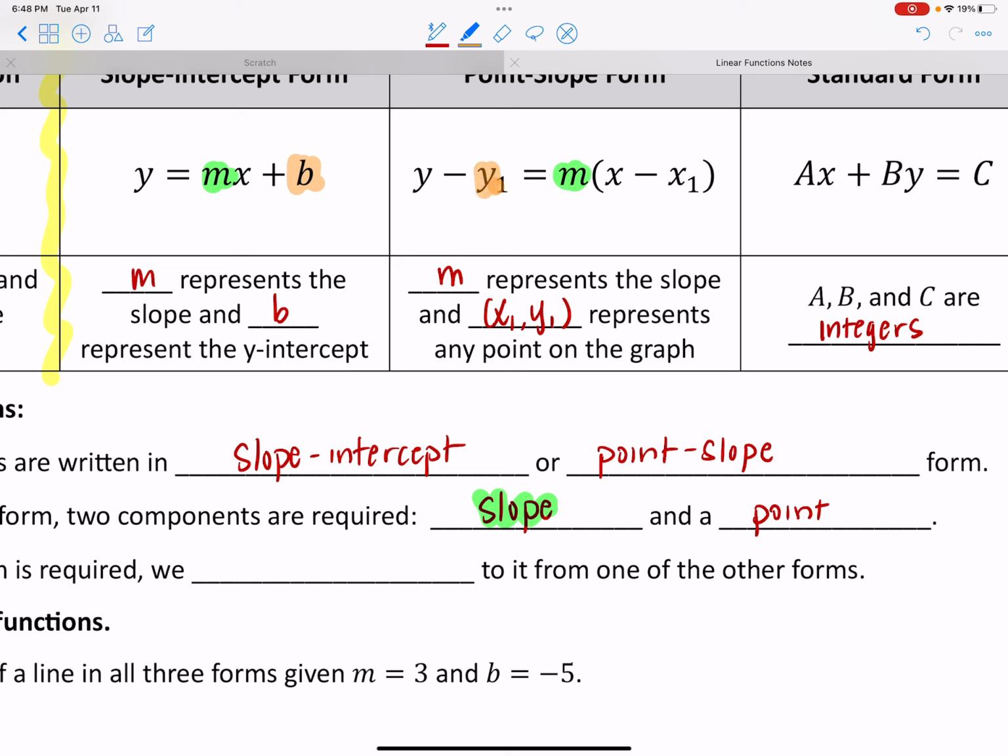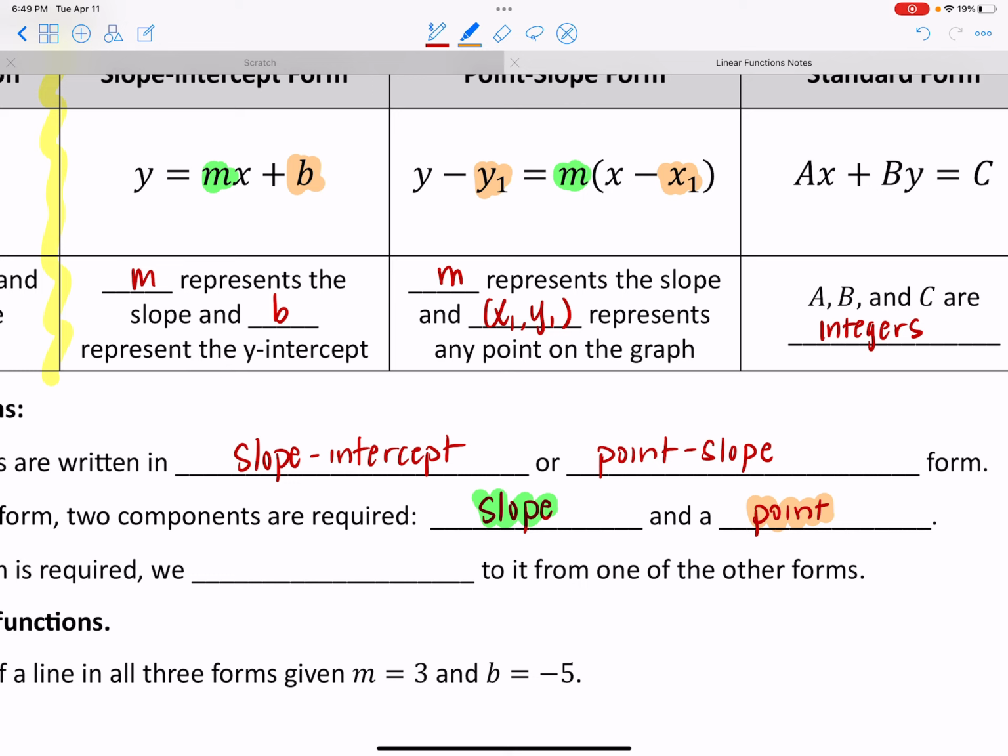In the point-slope form, the point could be any point on the graph, but we have to know a point. So again, if I know the slope and just some random point, then I'm going to write my linear function in that point-slope form, because that uses any random point. If I know my slope and specifically the point where my function crosses the y-axis, then I can write in my slope-intercept form.